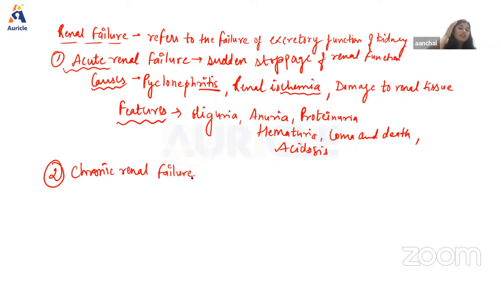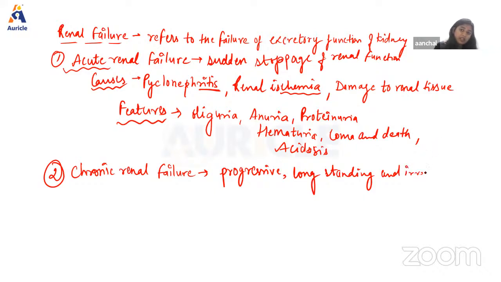Okay, now next we have chronic failure. Chronic means for a long period of time. Okay, so chronic failure is the progressive, long-standing and irreversible impairment of renal function. Okay, so this is progressive, long-standing and irreversible. 99% of the time it remains irreversible always.